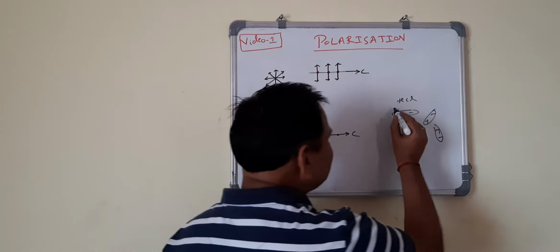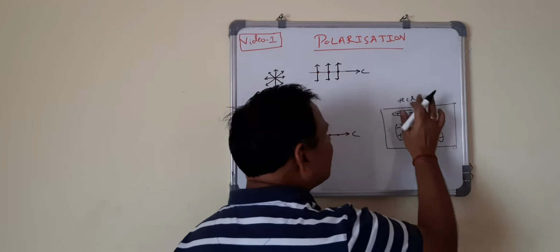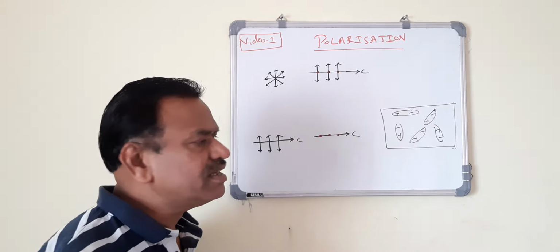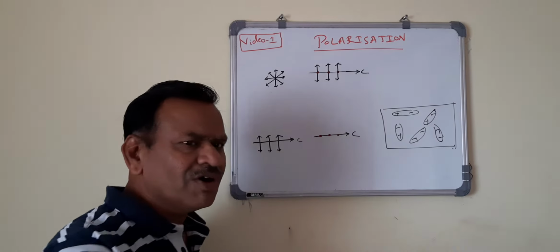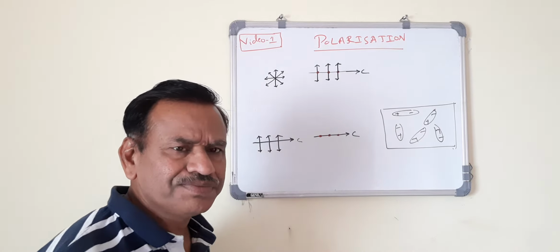Here, in the absence of an external electric field, all molecules are arranged in random directions. It is as good as each HCl molecule being a student. You can imagine that it is a student.